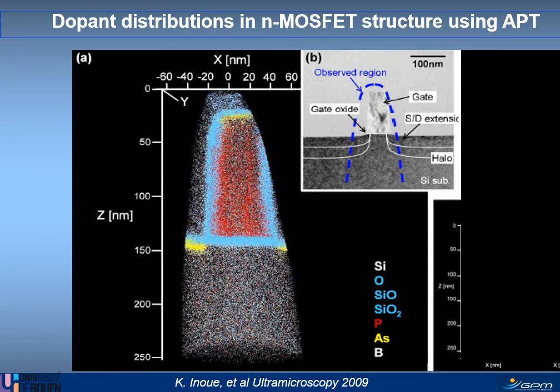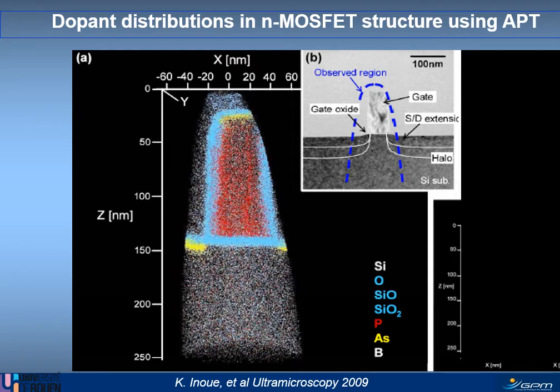This is another example of what we can do with atom probe tomography. This is a map of the distribution of dopants in an N-MOSFET structure. What you are able to see here is the gate.